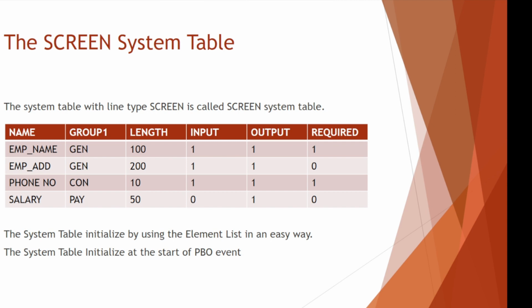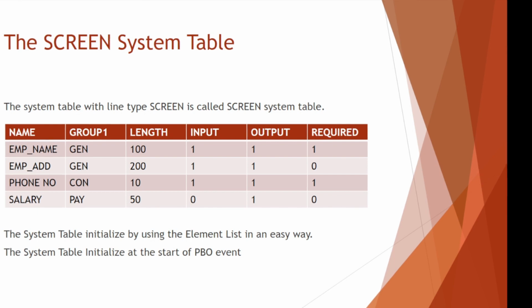So if we change the behavior or attribute of group 1, it will change all the attributes related to this group. So for mass updating of field element attributes, we use groups. Otherwise, this is not mandatory for any programmer. SAP gives this option only for maintaining a large group of field elements.